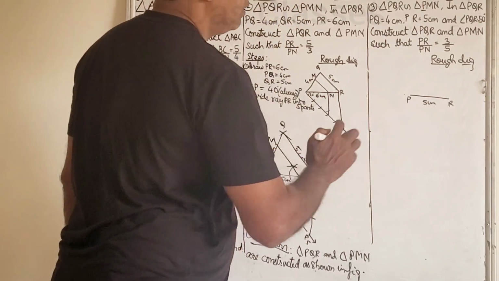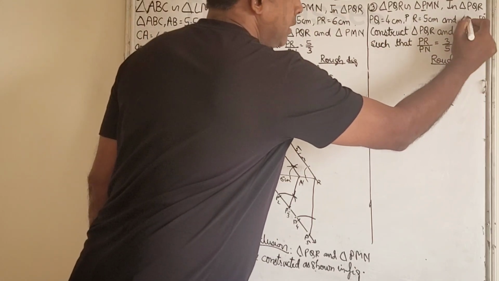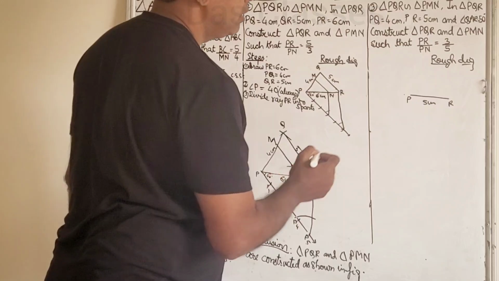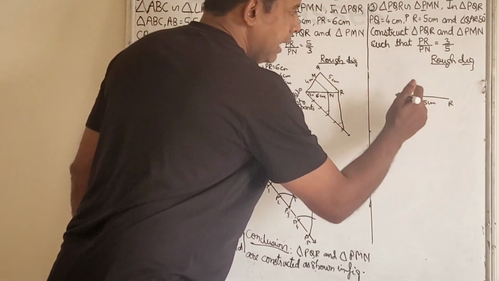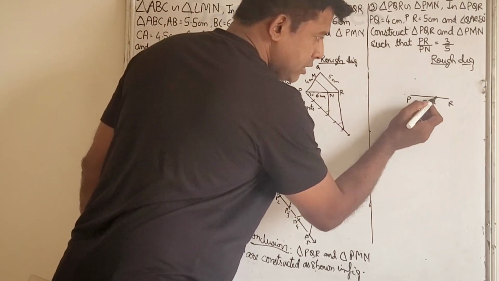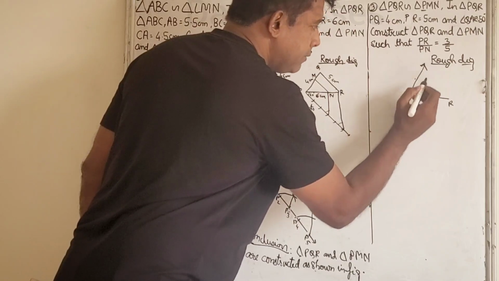Then we'll change the sum a little bit. QPR is given to us as 50 degrees. So take the protractor again and mark 50 degrees. See where its 0 is coinciding, mark 50 degrees and just join it.